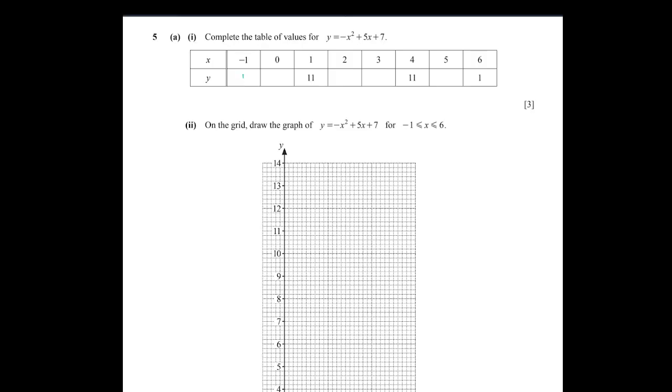So this is 1. Next 0. Now in place of x we'll put 0. Seven. Then next 2.